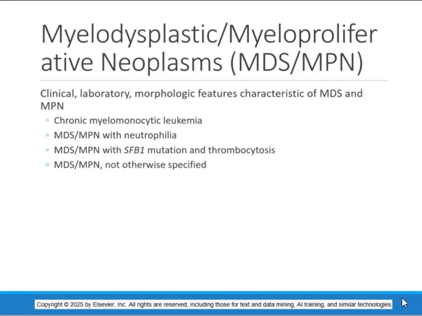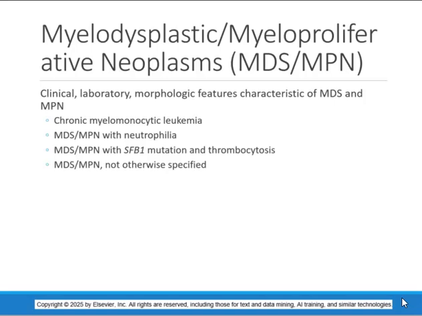So the clinical features that we have to look at for MDS is looking at pure morphology. Is it a myelomonocytic look to it? Chronic one? Does it have neutrophilia? Does it have thrombocytosis? So we're trying to pinpoint it.